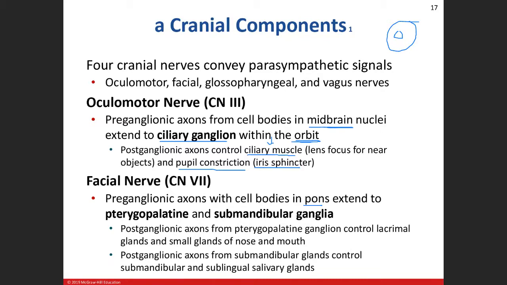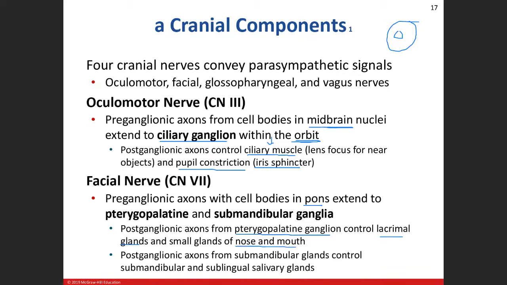The first one, the pterygopalatine ganglion, is going to control the lacrimal gland. That's the gland that creates tears. So facial, cranial nerve 7, controls your tears, your lacrimal gland there. And then also the glands in your nose and mouth.